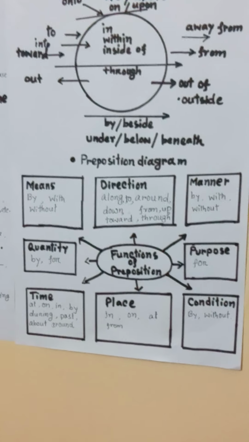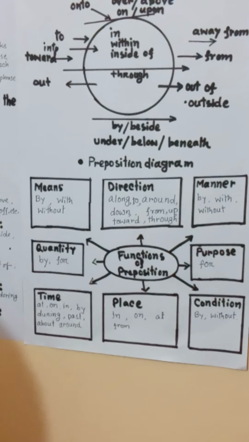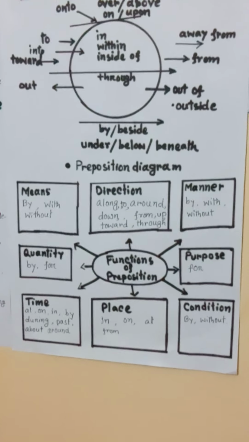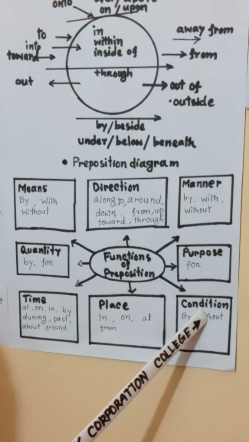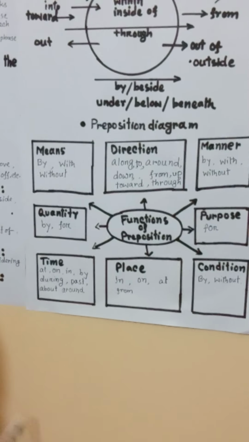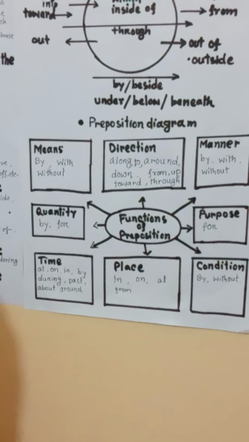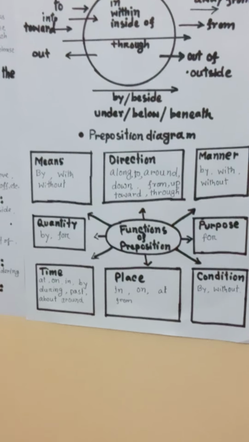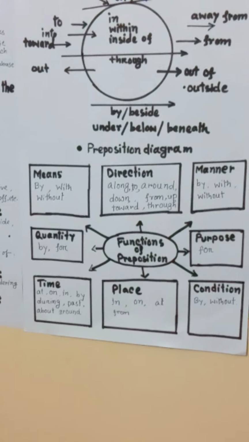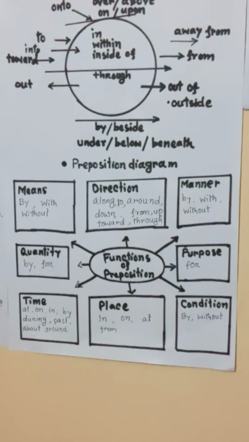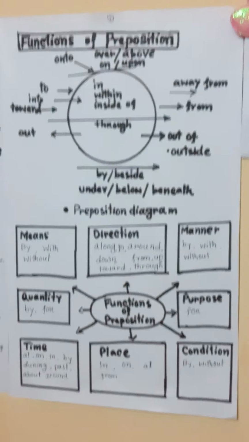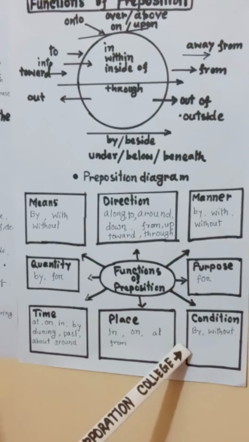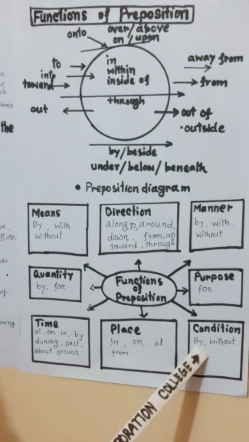Condition. Without, by. Means and condition, they are also almost the same. Condition, শর্ত। যেমন যদি শর্ত দেওয়া হয়, তুমি যদি এটা করো, অথবা যদি কঠোর পরিশ্রম করো জীবনে উন্নতি করতে পারবে। In Bengali, শর্ত। Then what do we use?